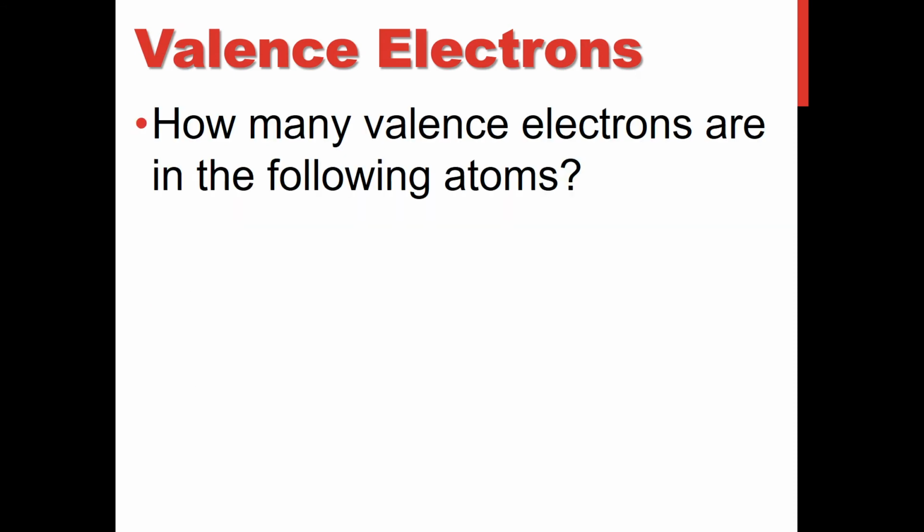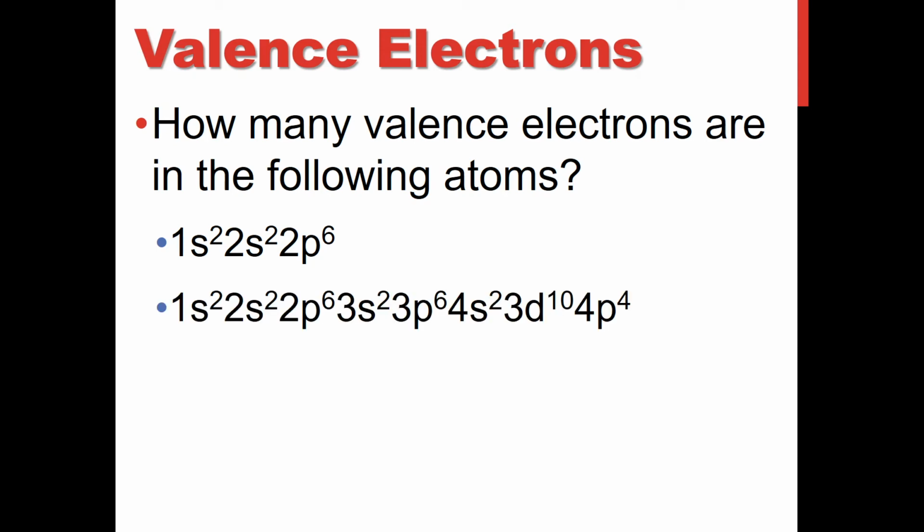So if you were giving the electron configuration, how many electrons are in the valence shell for this one? 8. So this has a noble gas. So that's a noble gas. Or at least has a noble gas configuration. It's stable.